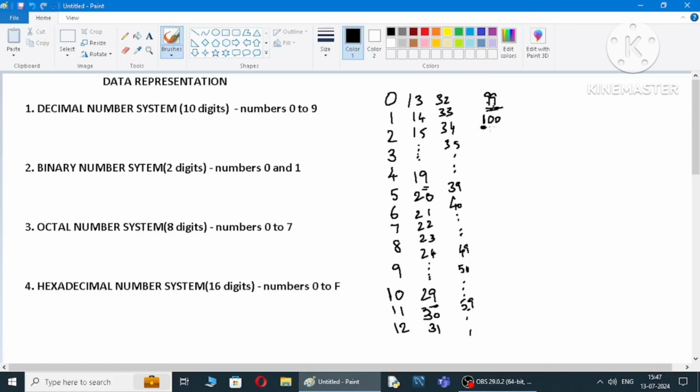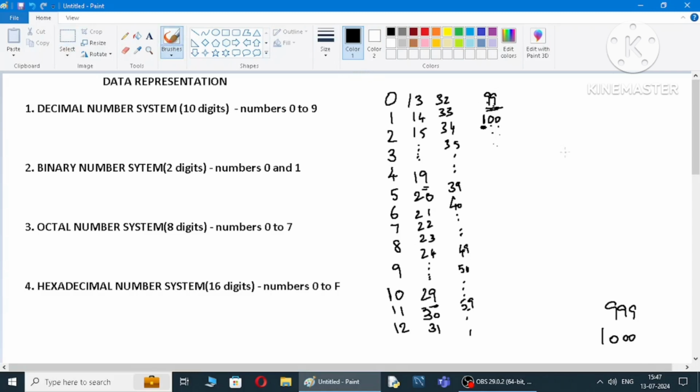Starting from 1, again 0, 0: 100, 101, 102, 103, 104 and so on till we reach 999. Then we go on to the fourth digit followed by 3 zeros and again 1001, 1002 and so on. So this is how we write numbers in the decimal number system.